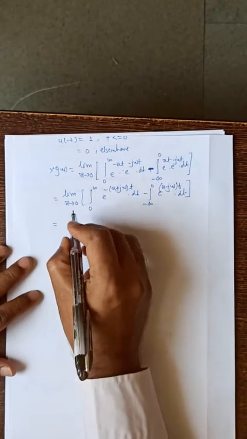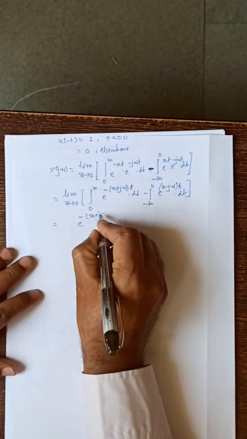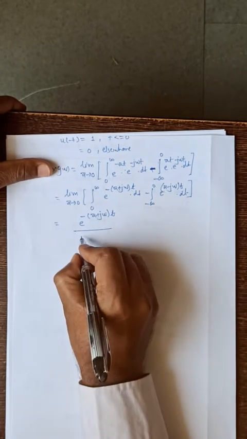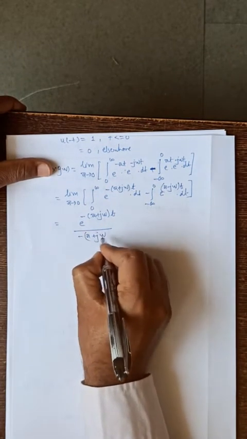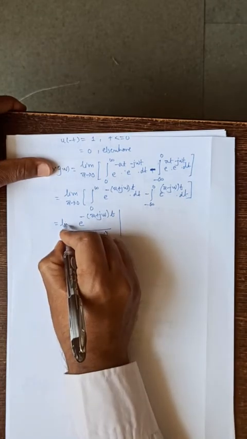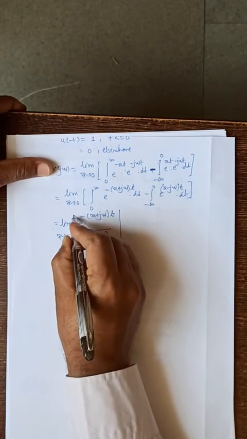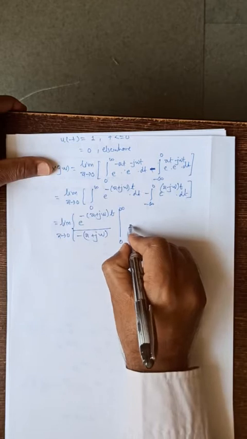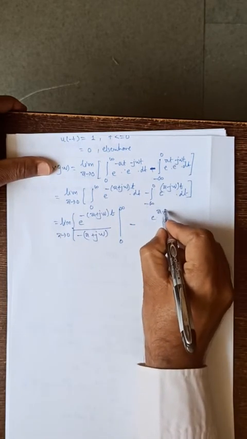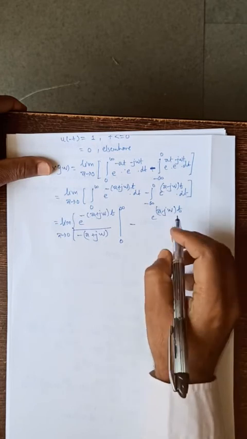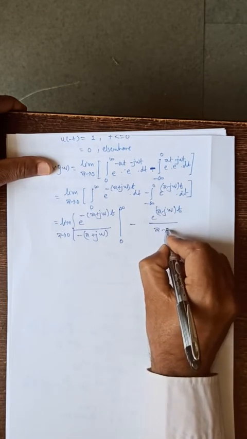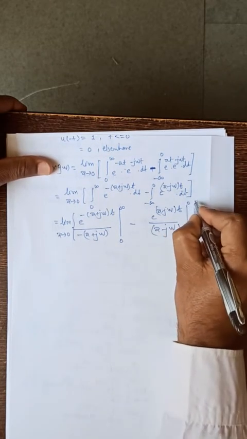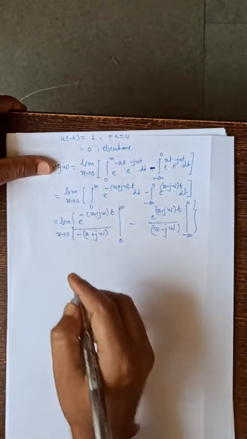So integration of e raised to minus (a plus j omega) t divided by minus (a plus j omega), with limits 0 to infinity, minus sign, e raised to (a minus j omega) t, whose integration is divided by a minus j omega, with lower and upper limits minus infinity to 0.